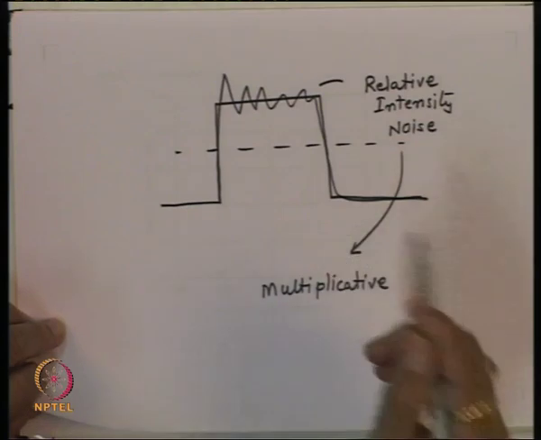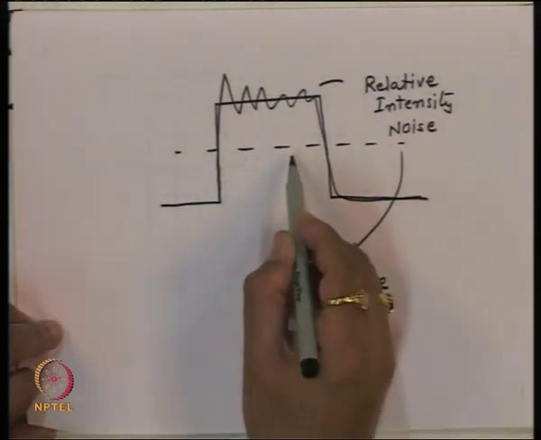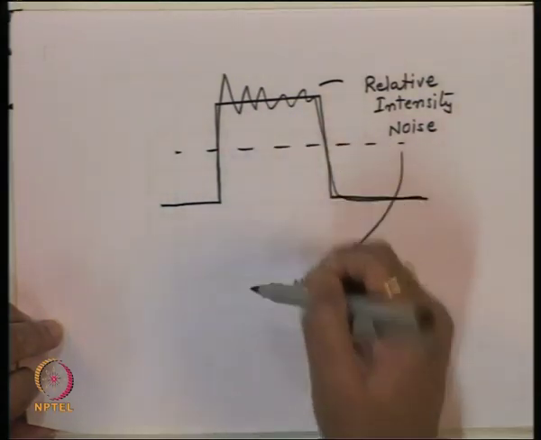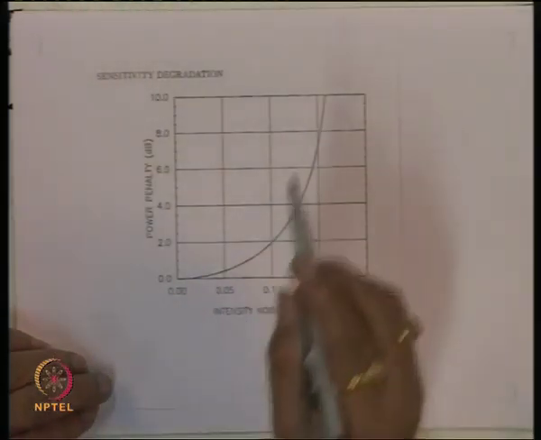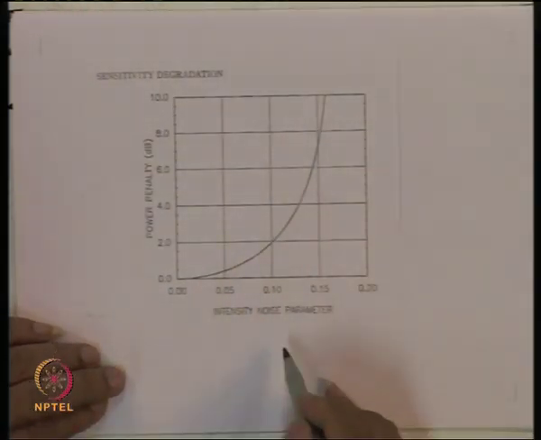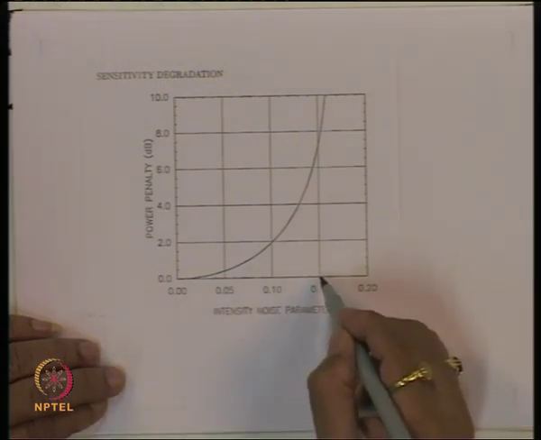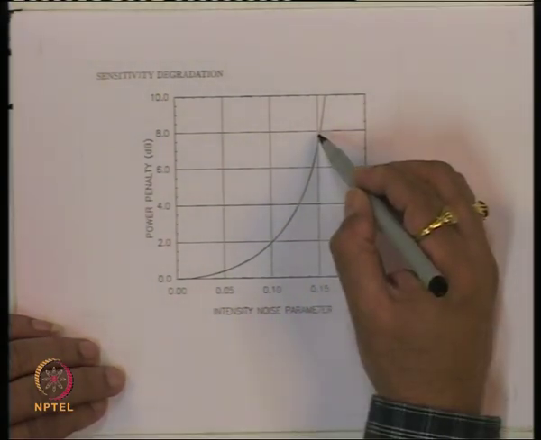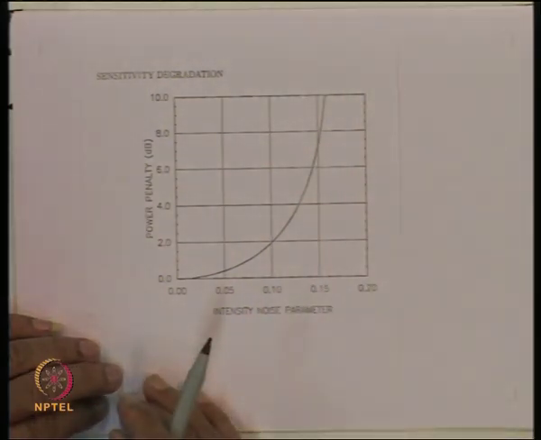And that is the reason, as the sigma for relative intensity noise increases, very rapidly the system degrades, and that's what essentially is shown by this figure, that by the time you go to a relative intensity noise of about 0.15, the power penalty is as high as about 8 dB, and beyond that the power penalty essentially becomes unmanageable.